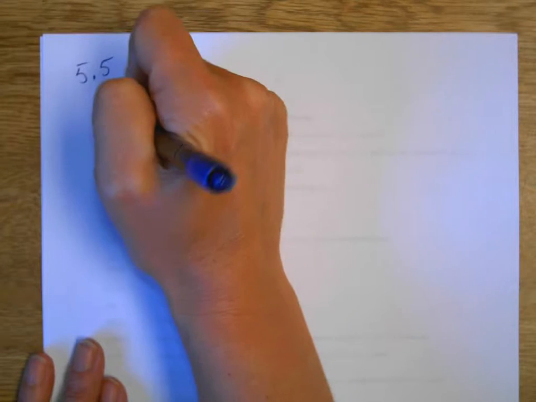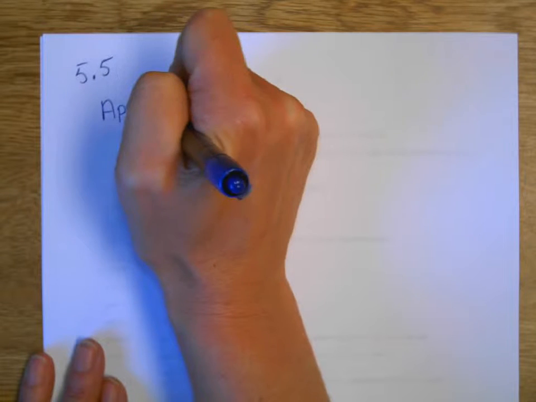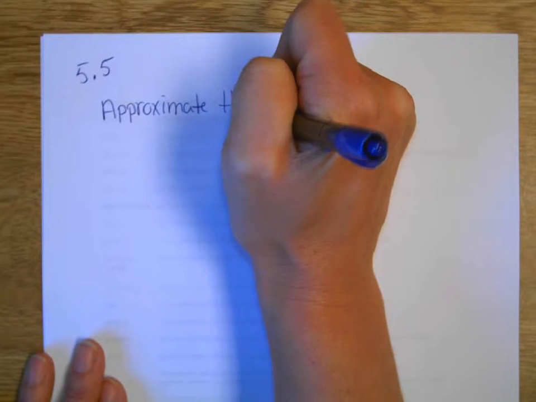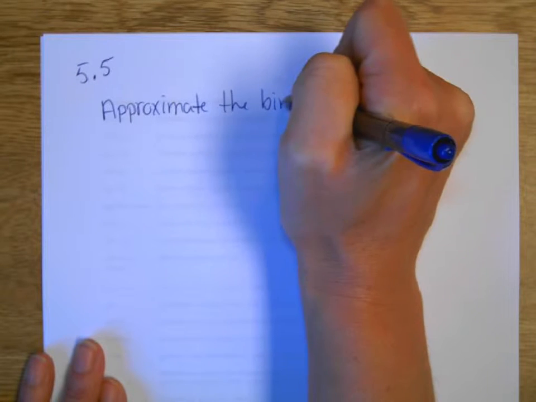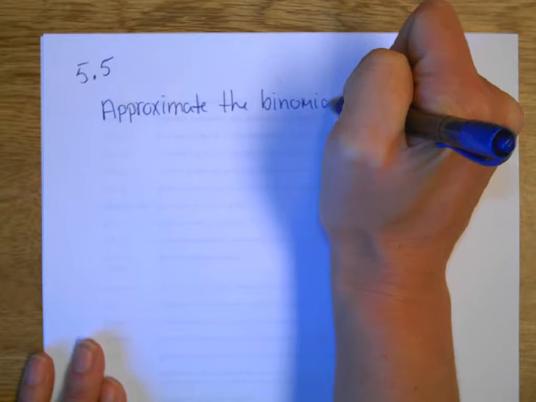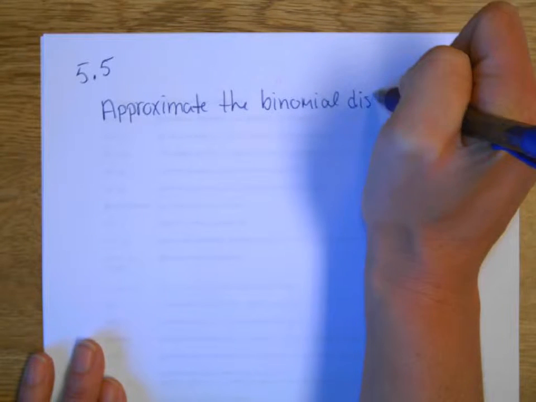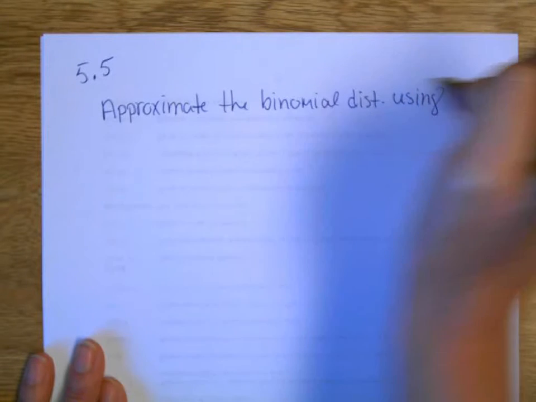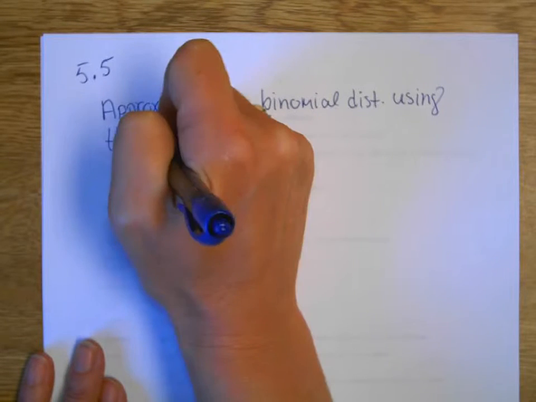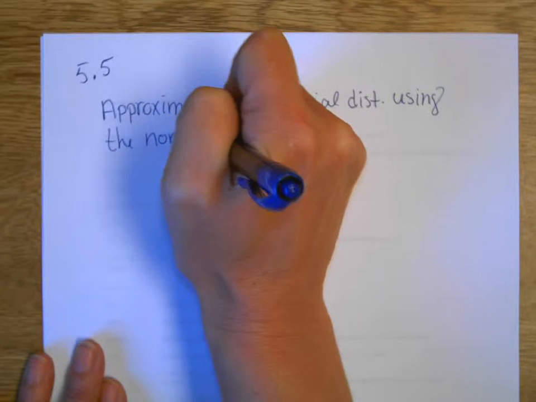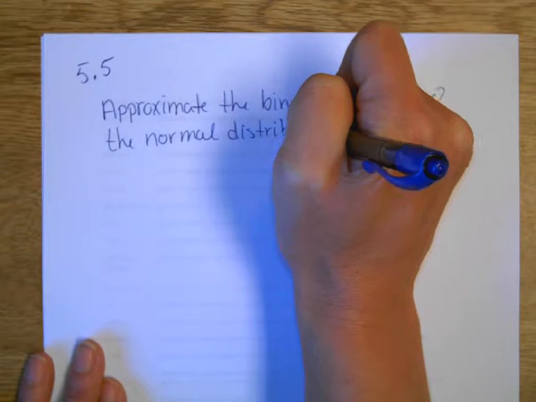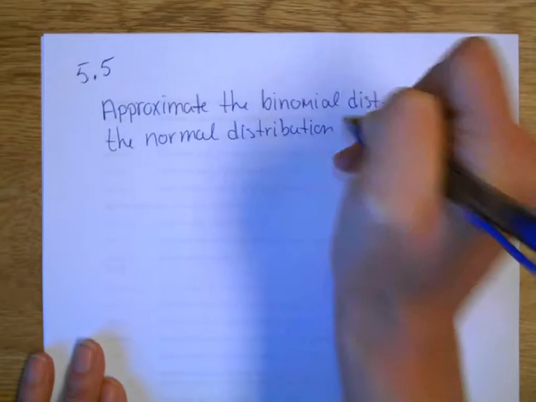What we're going to do today is approximate the binomial distribution using the normal distribution. Why we do the same thing two ways, sometimes I question why.